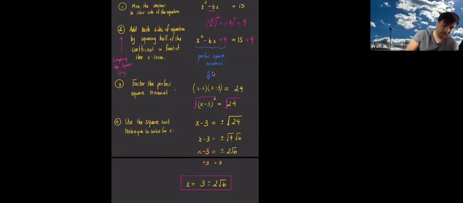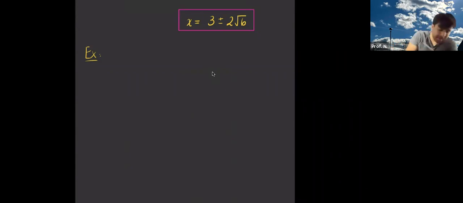What if I have x squared plus 2x minus 5 equals 0?